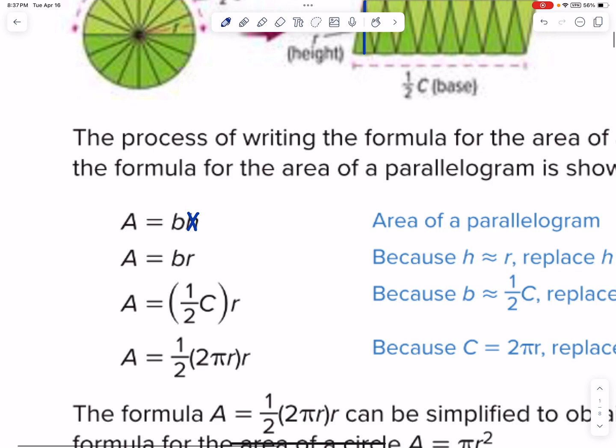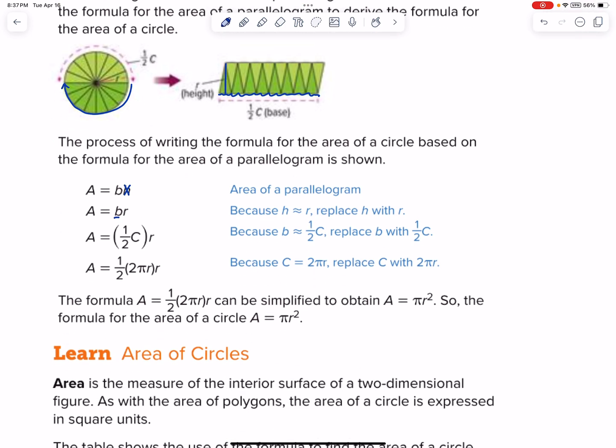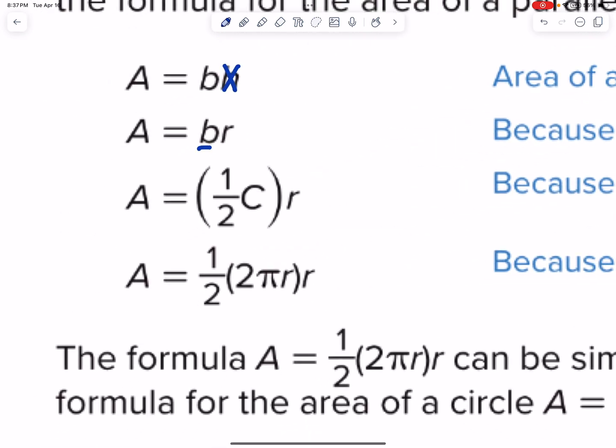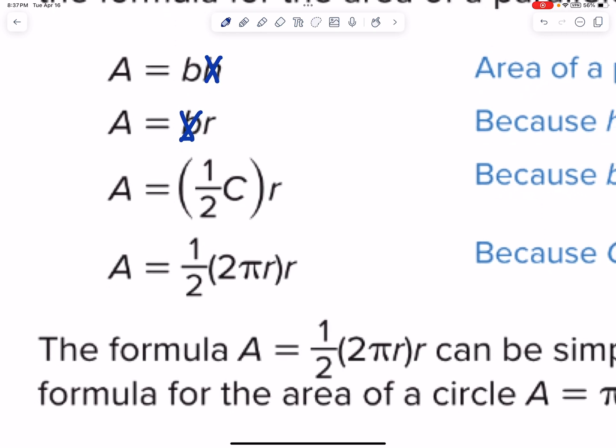Well, the base, okay, if you look at the base or this green here, well, the green is actually half of our circumference, right? Okay, and so since our base is half of the circumference, we can replace base with 1/2 of the circumference, okay? So now we have area equals 1/2 of the circumference times r, okay? Now, we can replace the circumference with 2 pi r, okay?